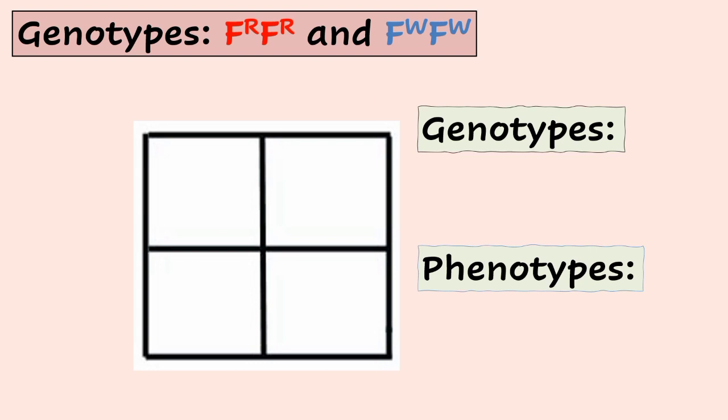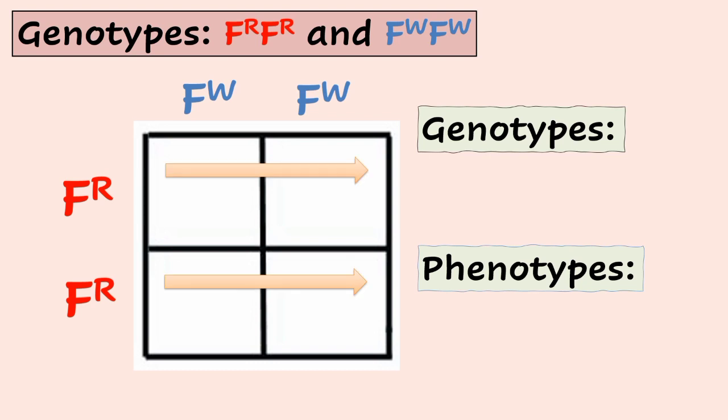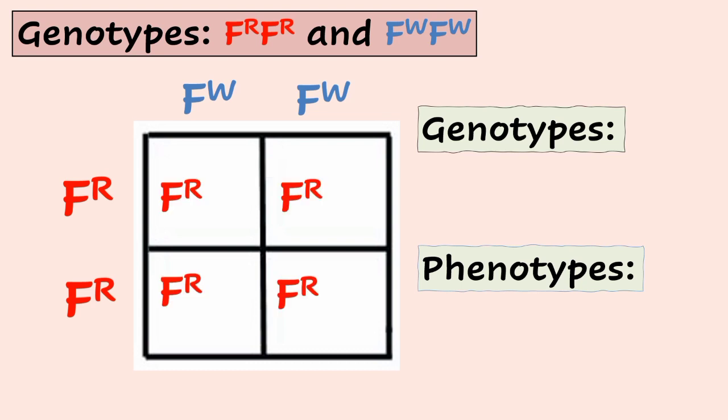We are going to write the genotype of the red flower here: FRFR. Next, we have FWFW for the white flower. For the next step, all you have to do is copy or drag the FRFR here, just like this one.